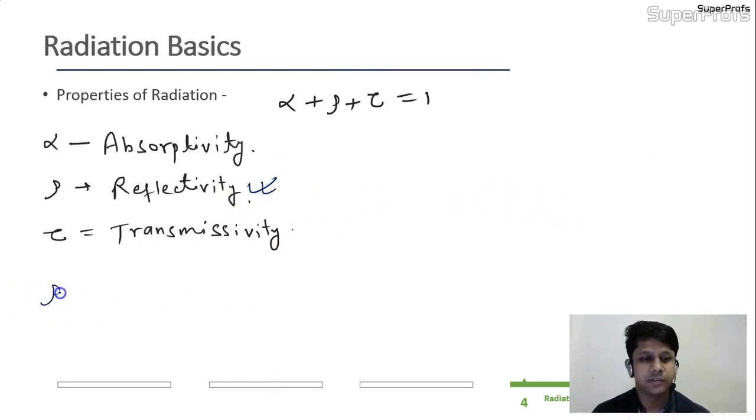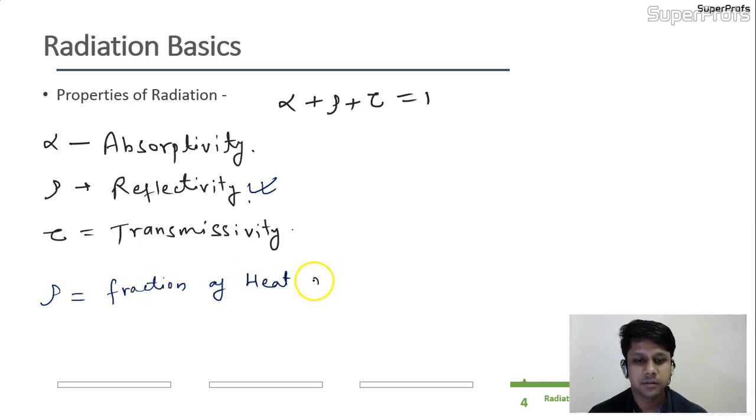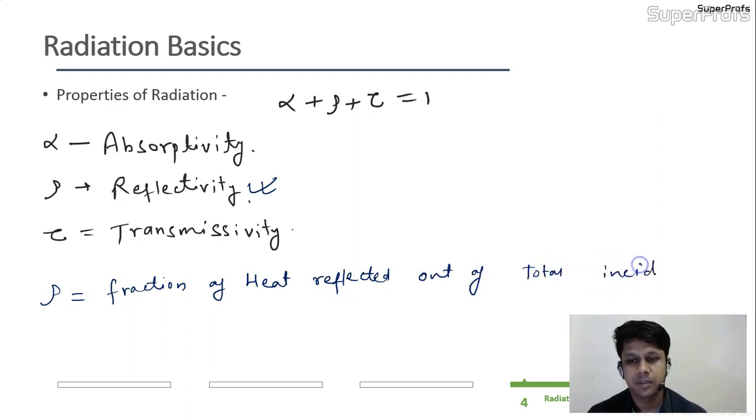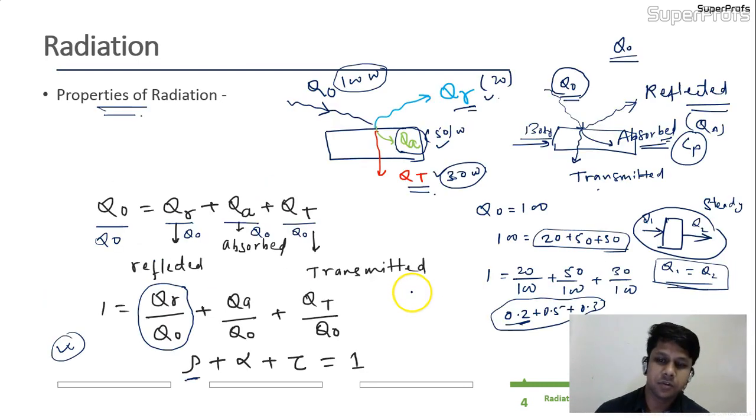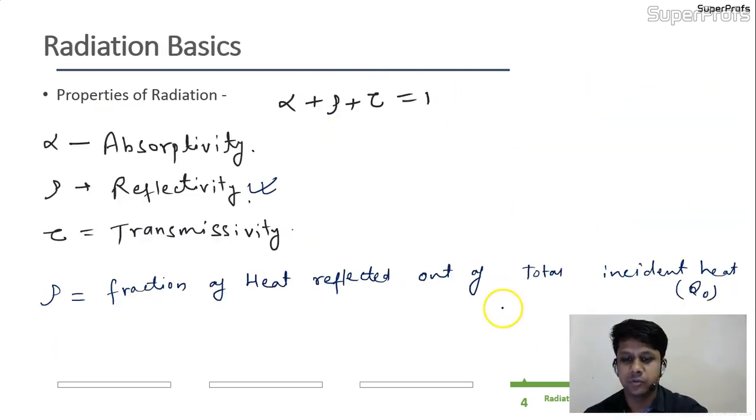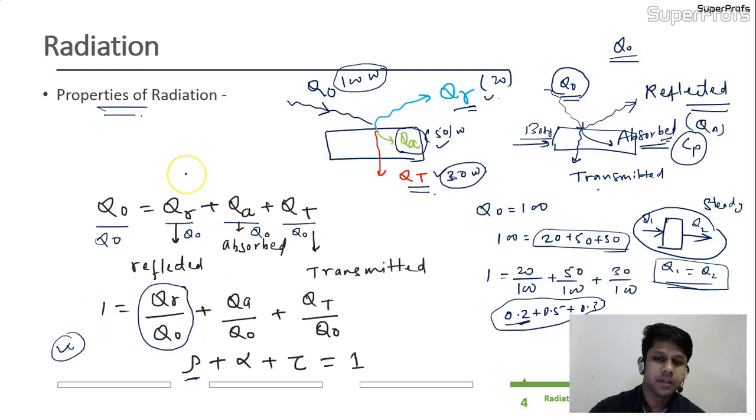So what does reflectivity represent? The fraction of heat that is reflected out of total incident heat, or Q0. Like in this case we saw the rho value will be 0.2. So it is a fraction, so it will be in decimals.